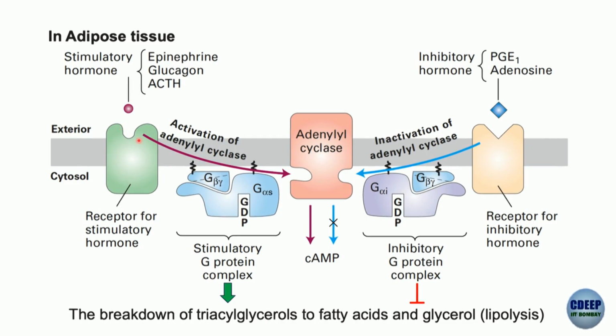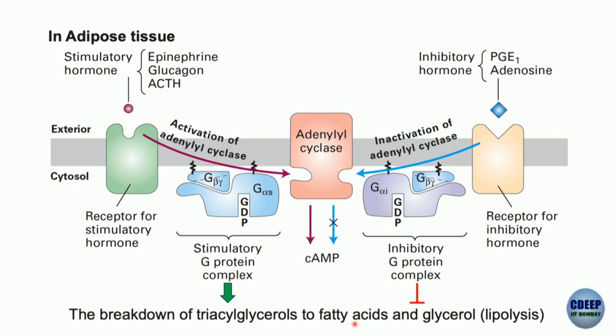This receptor associates with G alpha S, which activates adenylyl cyclase. Whenever adenylyl cyclase is activated, more cyclic AMP is generated. This more cyclic AMP does some intermediate activation. The end point is the breakdown of triglycerides to fatty acids and glycerol; that's lipolysis.